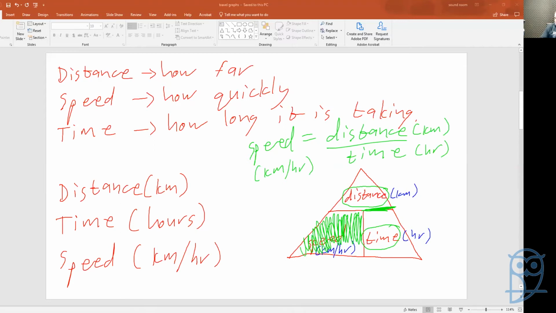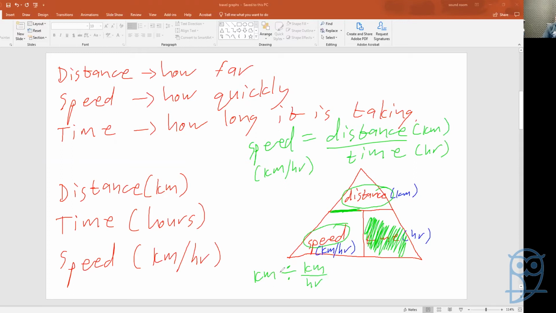What happens if I have something else? So if I don't want these, I can also calculate something else. So if I want to maybe calculate time, I then cover up time, and that leaves me with distance over speed, which makes sense because I've got kilometers divided by kilometers per hour.